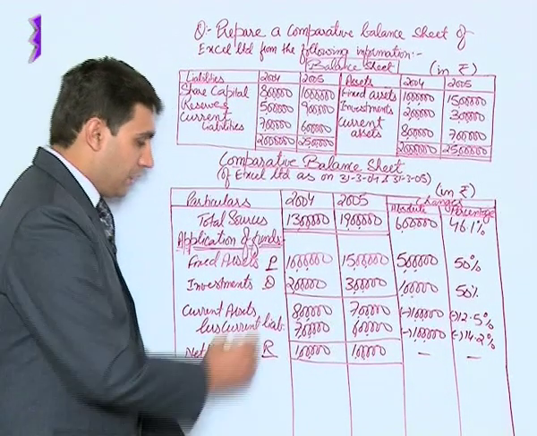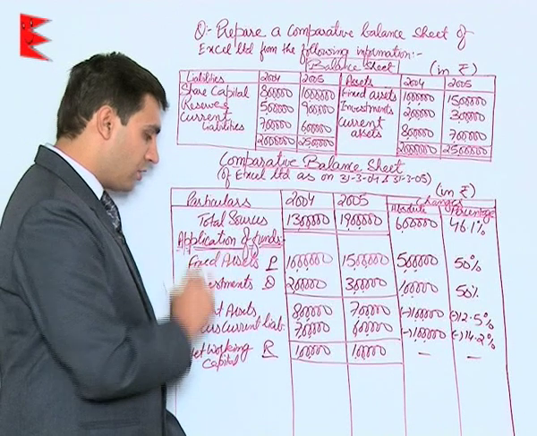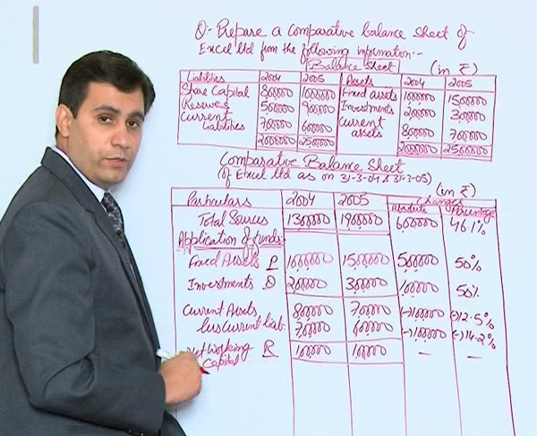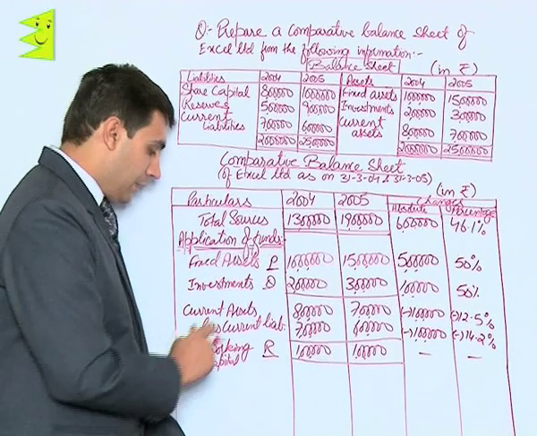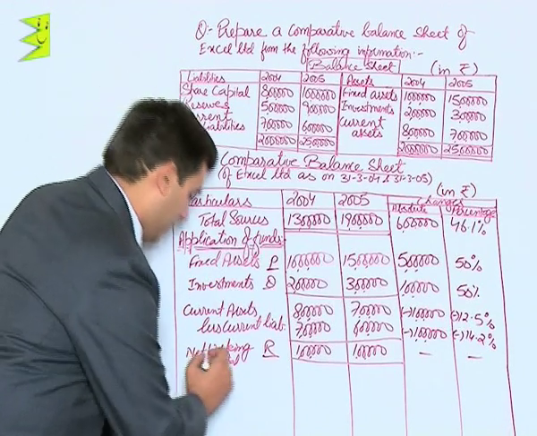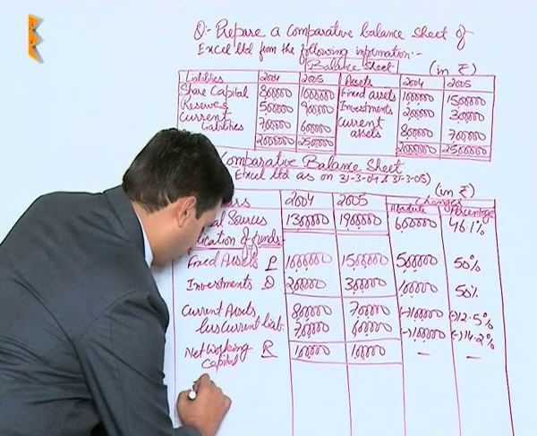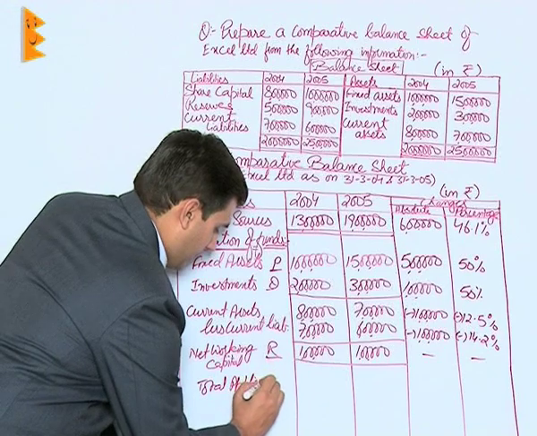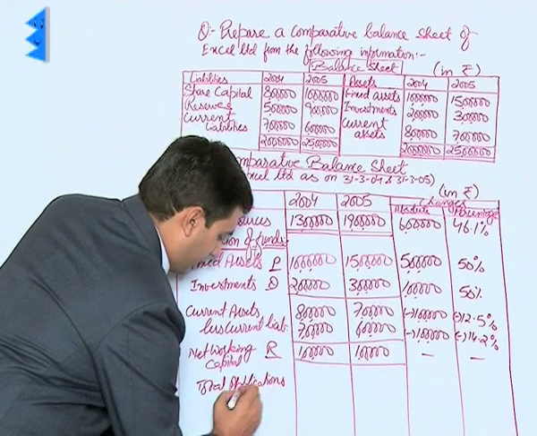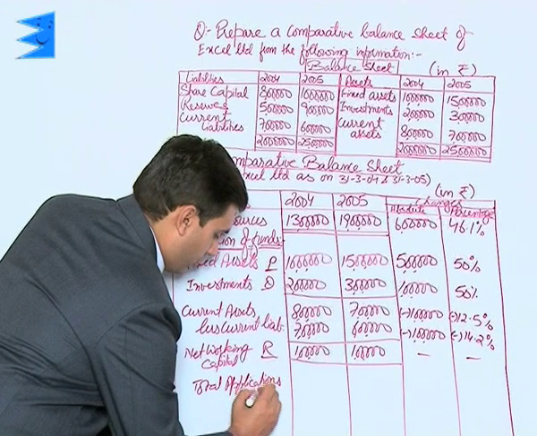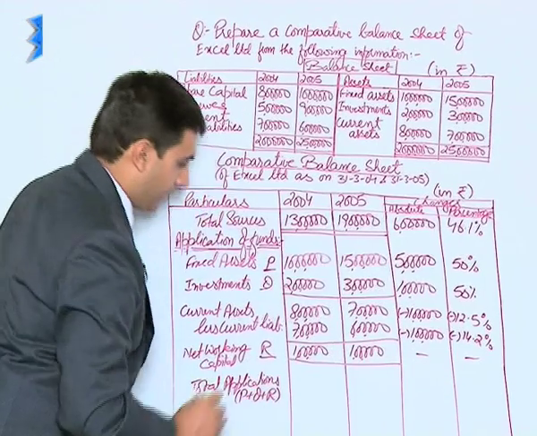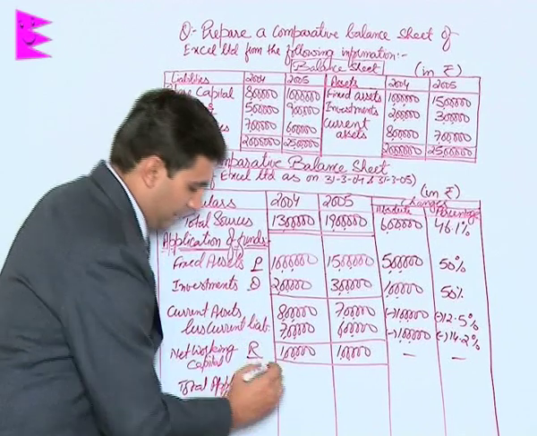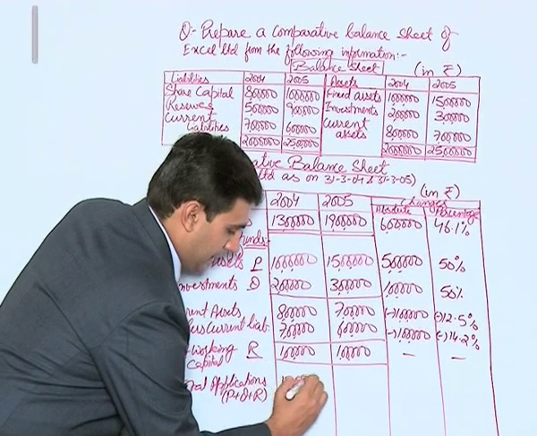Now students, we have application of funds as fixed assets, investments and net working capital. Let us total all these and we will get total applications. That is total applications of funds, which would be P plus Q plus R. And it comes to 10 lakh plus 2 lakh, that is 12, plus 1, 13 lakhs.